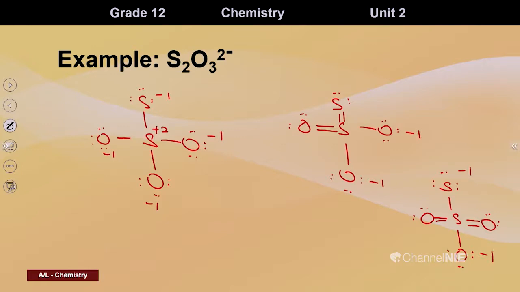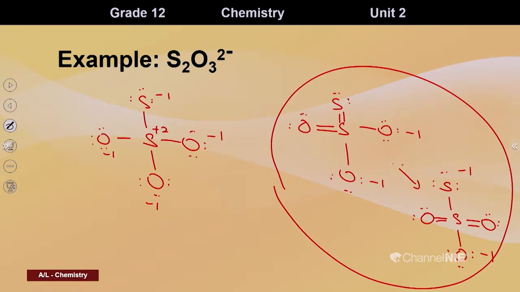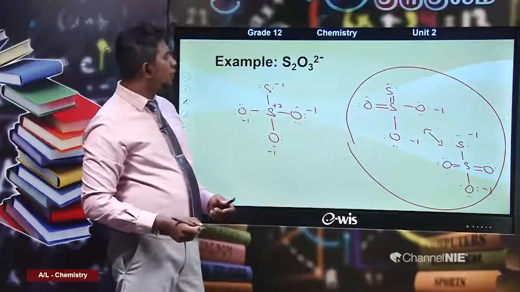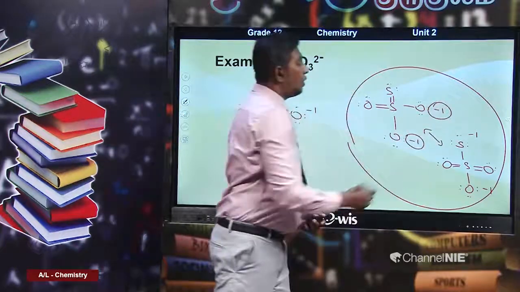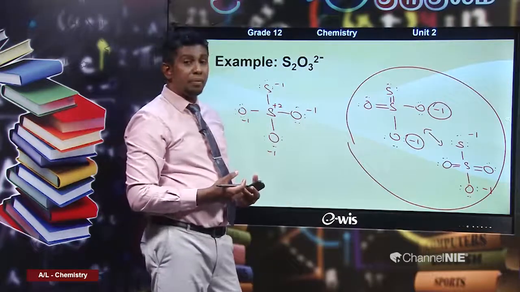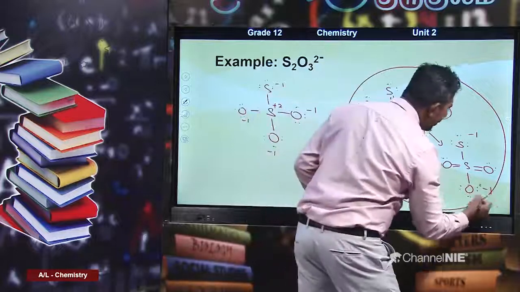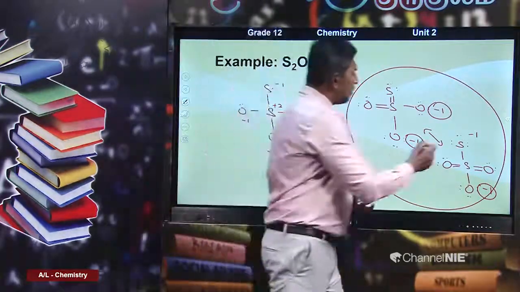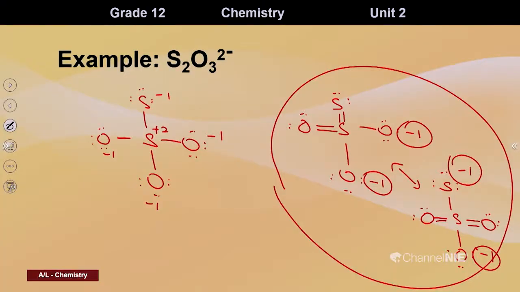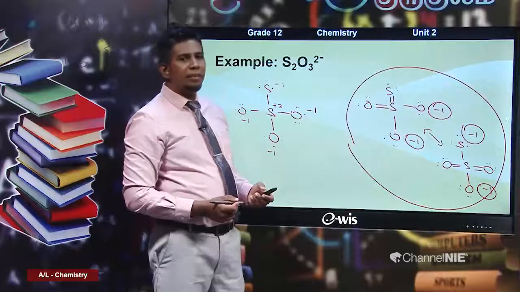My point here is, comparing one structure to another, you could find out both minus charges are now on oxygen there. But here, though you have a minus charge on oxygen, students, you have a minus charge on sulfur. That's the difference.